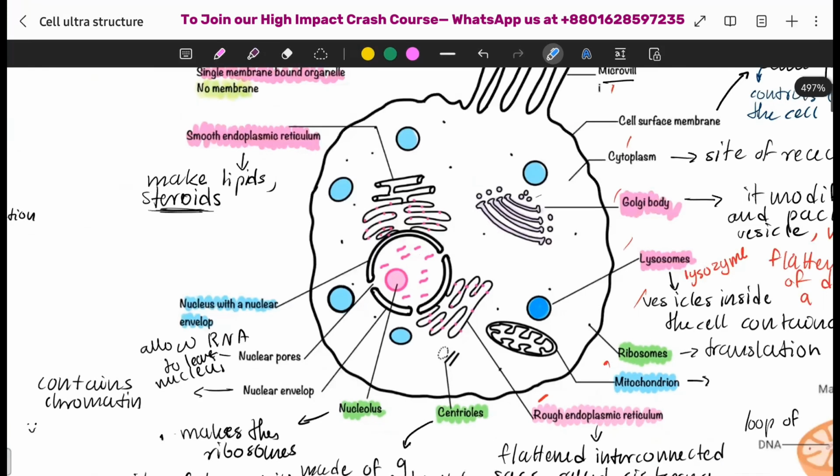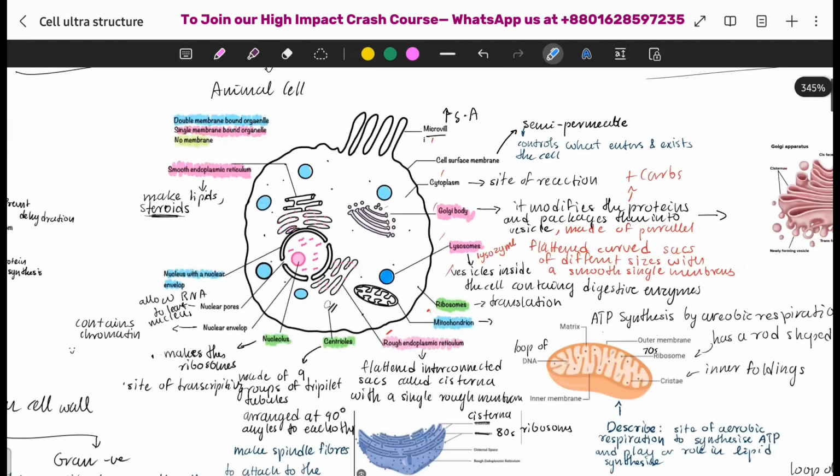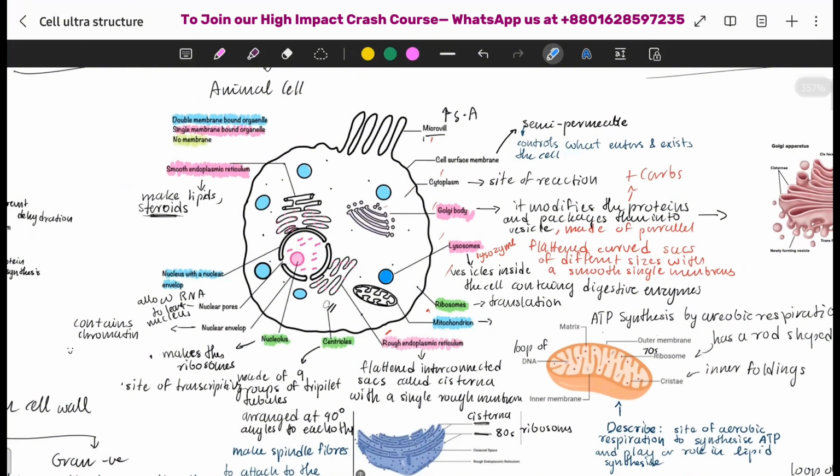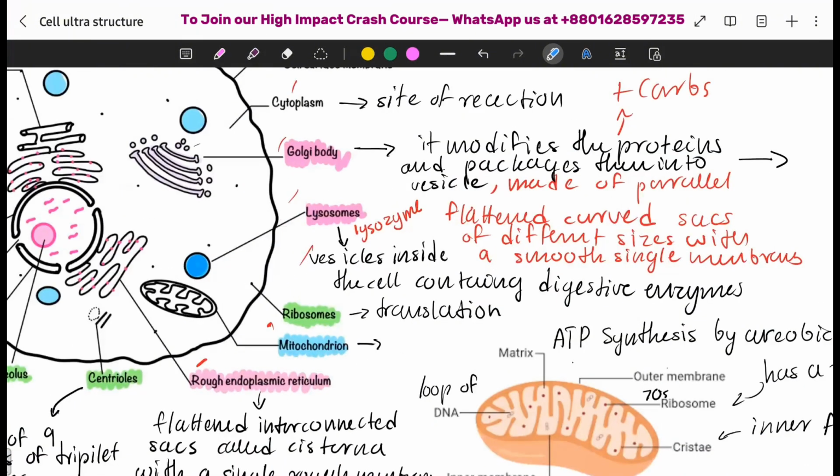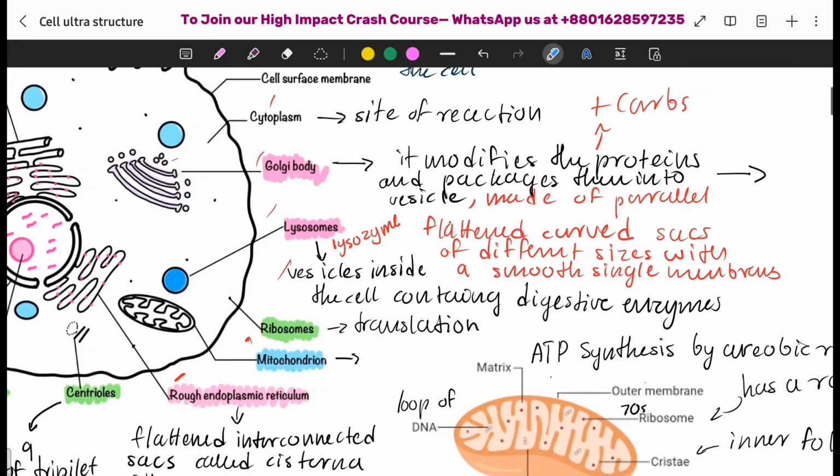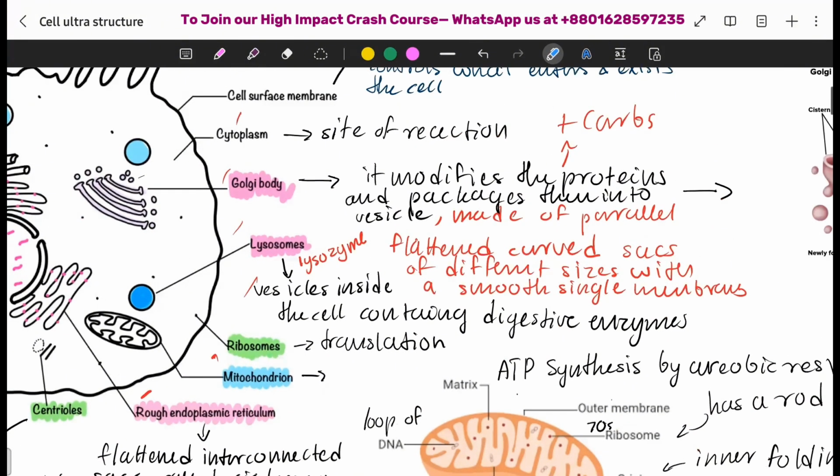And then Golgi body and lysosome. Lysosome is basically a vesicle, and it will contain digestive enzymes. And for Golgi body, we know that after a protein is made, it's sent here, and it will modify the protein.